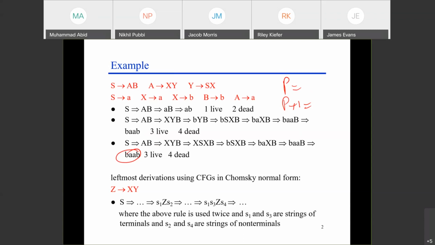Next, leftmost derivation using context-free grammar in Chomsky normal form. You can use leftmost derivation also, where whenever you encounter a word, always replace from the leftmost non-terminal and then you can generate. It is the same thing, but this is a more deterministic approach. A machine can easily handle that.